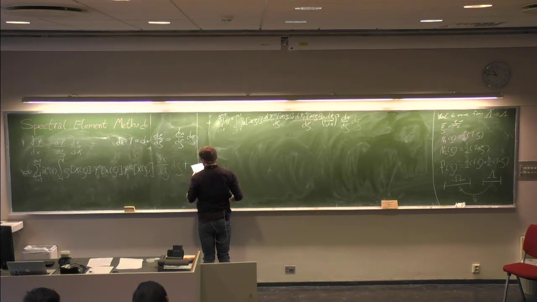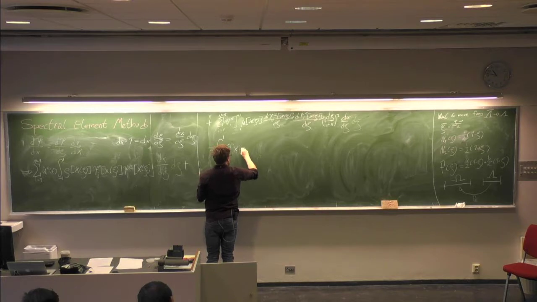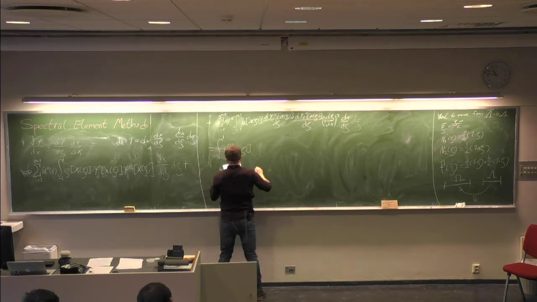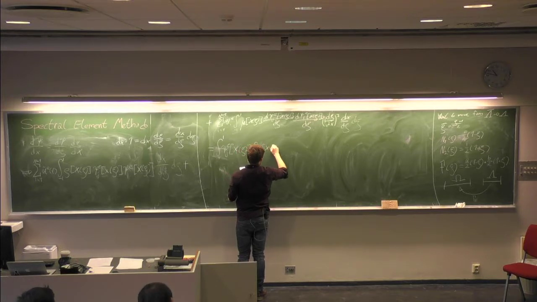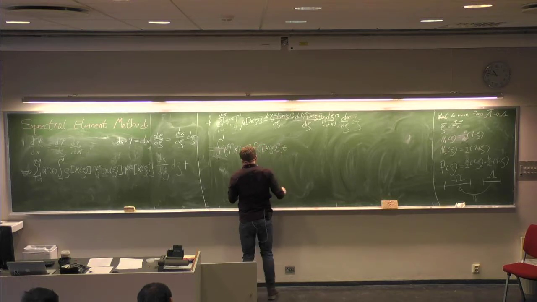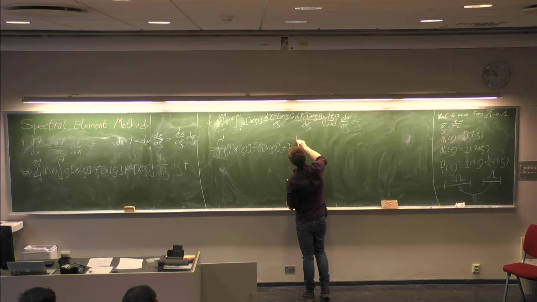We're missing 1 to 1. Minus 1 to 1. J, E. And then f of x, xi, t, dx, dxi, dxi.